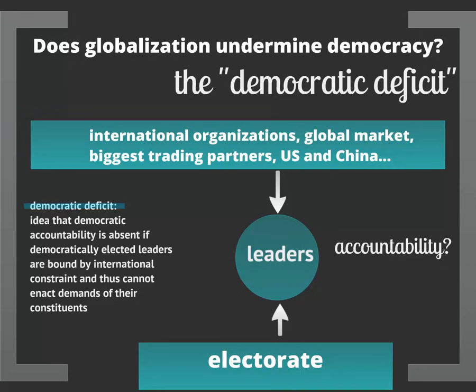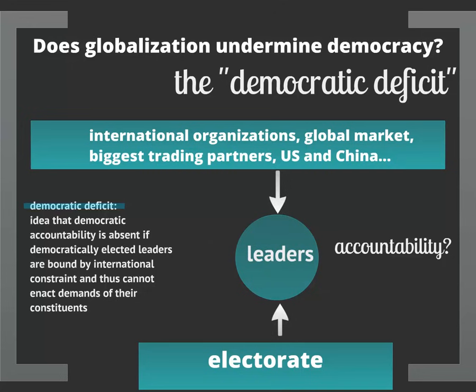So, as we were saying, these leaders are often constrained by international organizations or just international trends, meaning that they can't always offer every policy. Thus, the question becomes, who are leaders really accountable to? If voters can't control the international market or their country's major trading partners or the International Monetary Fund, but these forces have a real effect upon political policy in their state, how are they supposed to play a meaningful role?